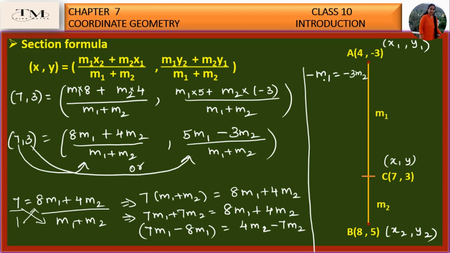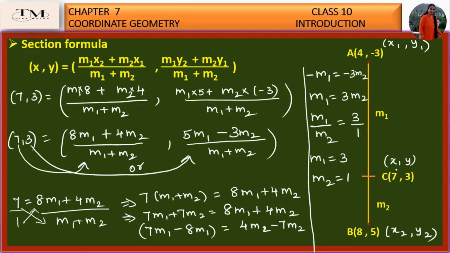Both the negatives get cancelled. So you will get m1 equal to 3 m2. Bringing this m2 here, m2 is in product, so if you change the sign, it will be in division. So m1 by m2 is equal to 3 divided by 1. So it is same as 3. So m1 will be equal to 3 and m2 will be equal to 1.